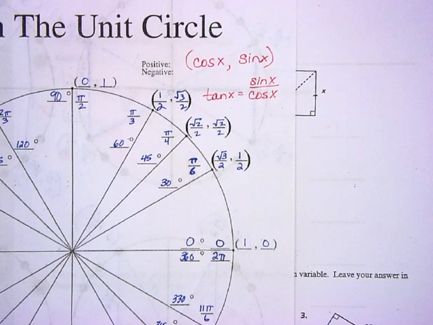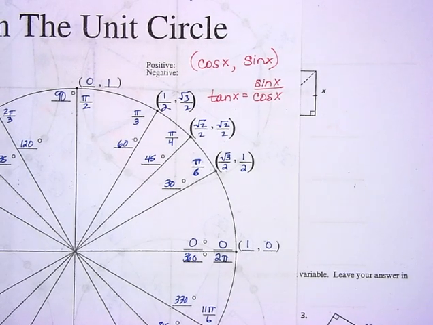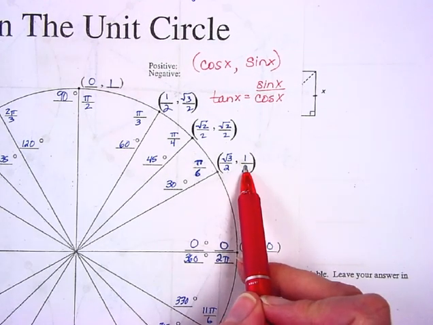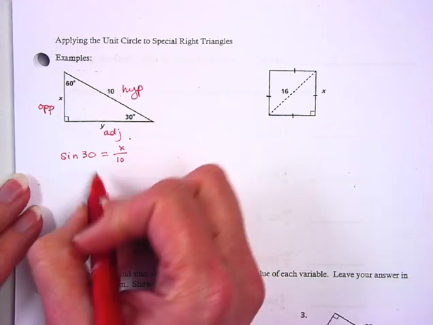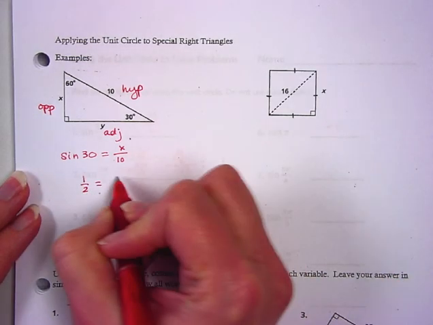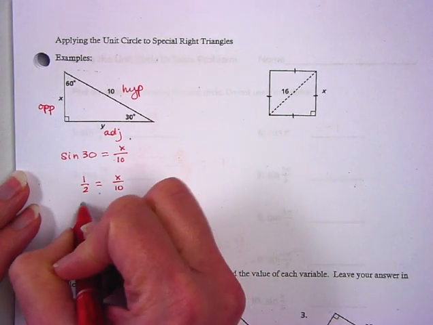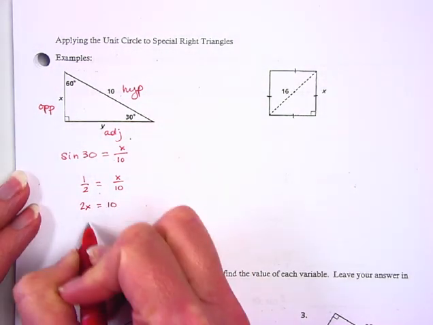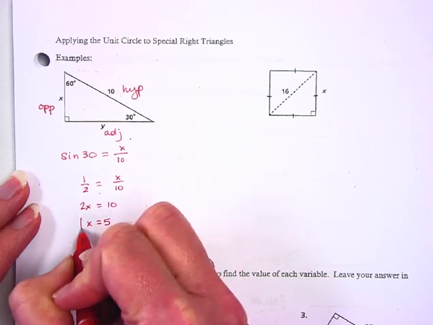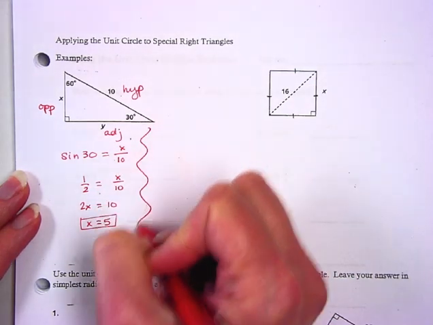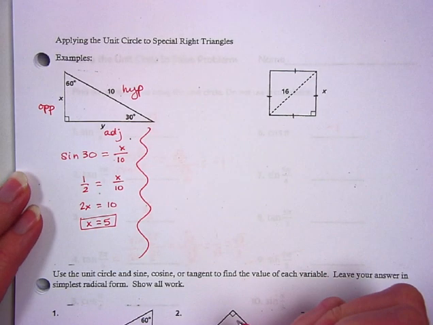Look on your unit circle. What is it? 1/2. Sine of 30 is 1/2. So in place of sine of 30, I'm putting in 1/2 equals x over 10. All right, and so then I get 2x equals 10, and x equals 5. Working it in an extremely different way than the other ways that we have worked this problem before.